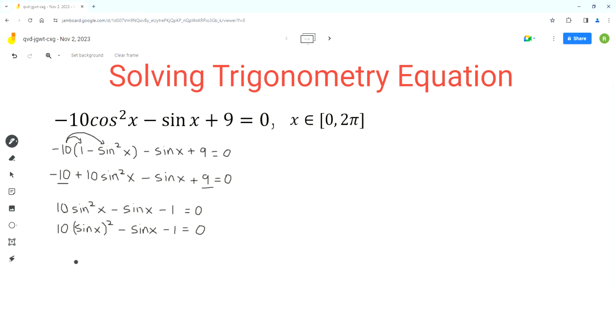So here we are solving for sine x. So we can write the quadratic formula as sine x equals negative b plus minus square root of b squared minus 4ac over 2a.